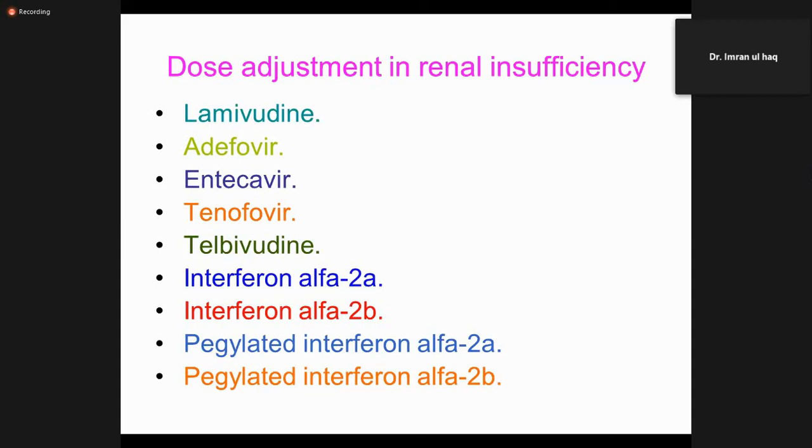So renal function should be checked properly, right? Like lamivudine, adefovir, entecavir, tenofovir, telbivudine, interferon alpha 2a, interferon alpha 2b, pegylated interferons. So before starting the therapy, we must check the renal status, and even during the therapy, we must check the renal status.